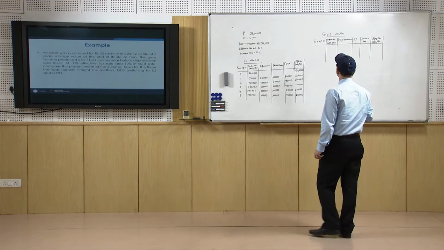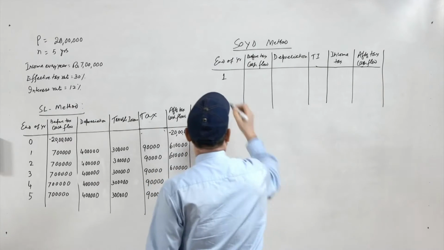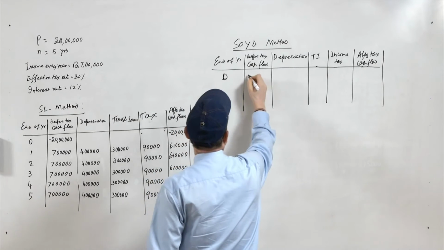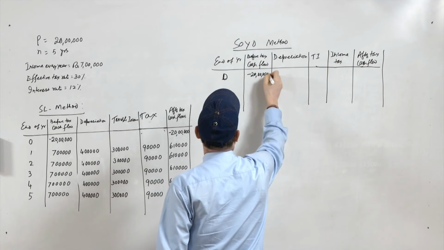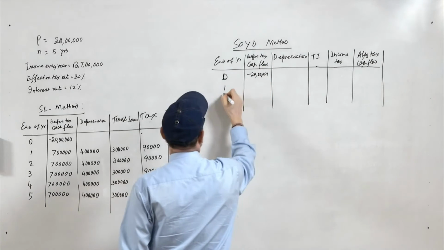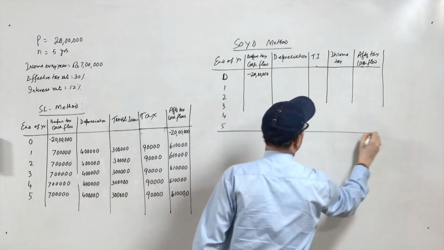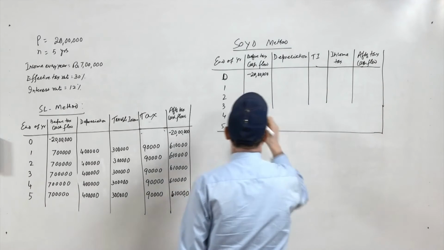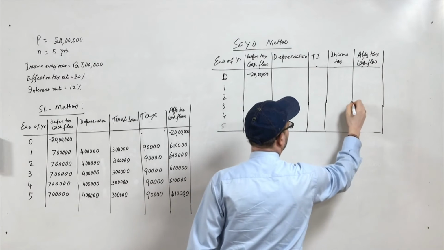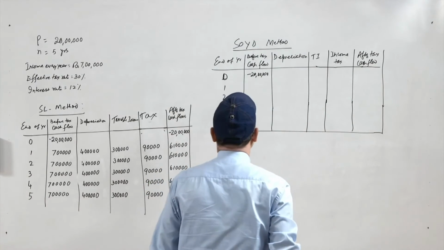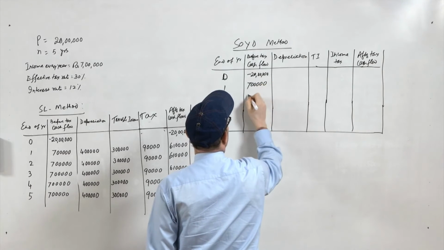At year 0 we have minus 20 lakhs, and then for the 5 years we have an income of 7 lakh every year.